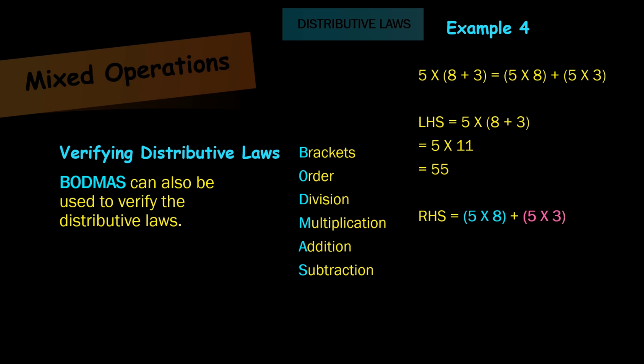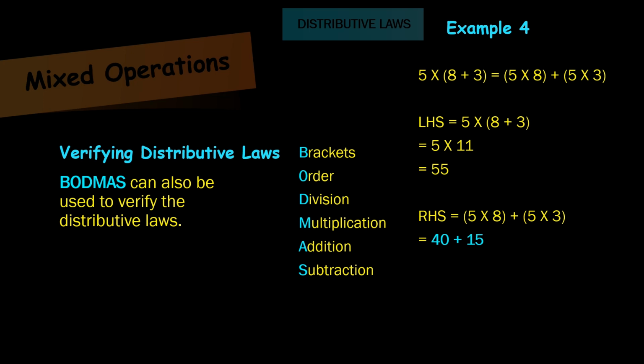Now let's consider the right-hand side. Do the brackets first. In each of the brackets, we only have multiplication. So 5 times 8 is 40, and 5 times 3 is 15. Now let's consider the last step.